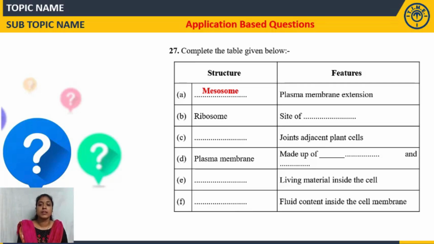Then B, ribosome. They are site of dash. Very easy question, isn't it? They are site of what? They are site of protein synthesis. What is the peculiarity of ribosome? Yes, ribosomes are non-membrane bound cell organelles which can be seen both in prokaryotic cell and the eukaryotic cell. So, in prokaryotic cell like bacteria, they are simply immersed in the cytoplasm.